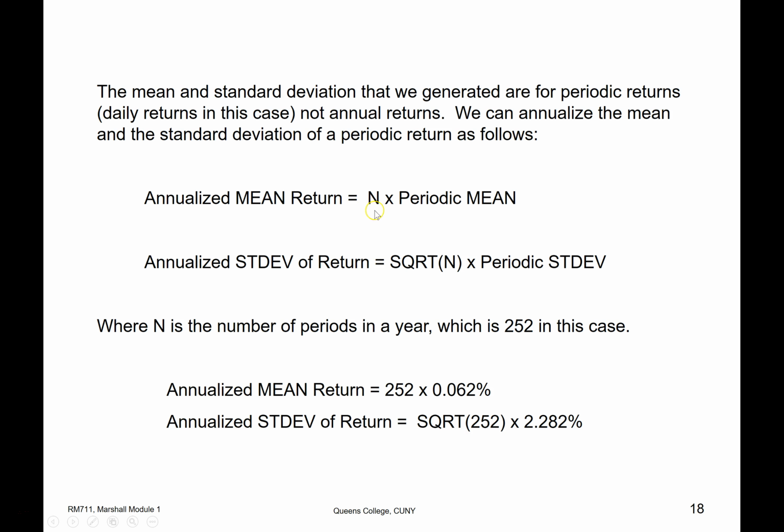If it were quarterly, we'd use 4, and so on. When annualizing the standard deviation, you take the periodic standard deviation and multiply it by the square root of n. In this case it's daily data, so we use the square root of 252 times that daily standard deviation. That gives you an annualized mean and standard deviation on the return.